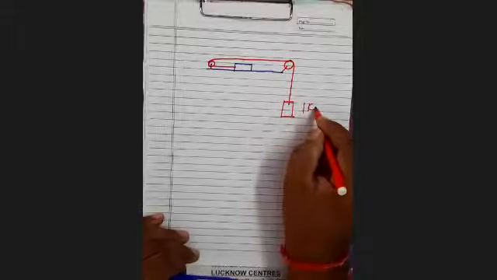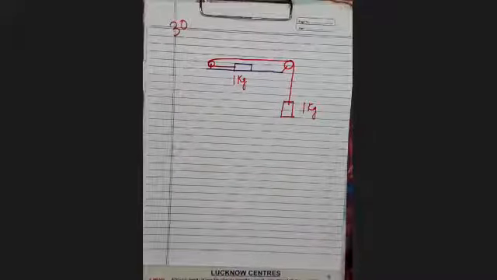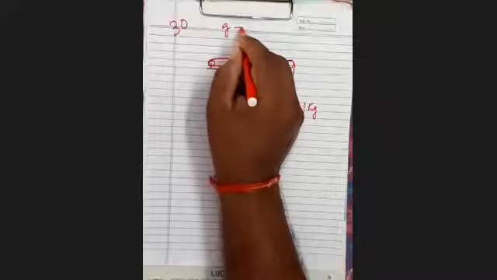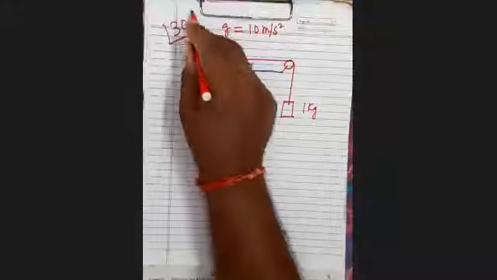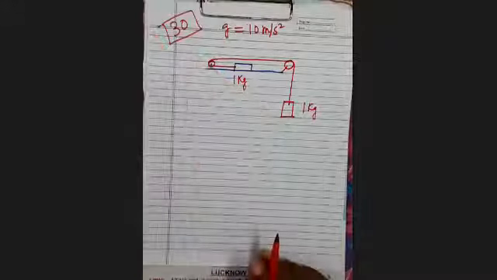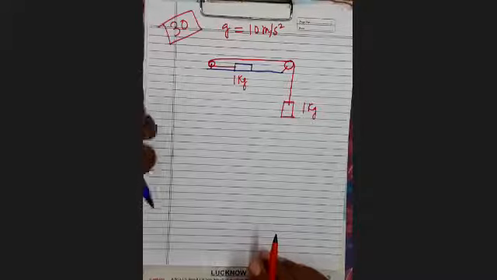Here this is 1 kg mass, and this is also 1 kg mass. There is no friction anywhere. g is given 10 meter per second square. You have to find tension in the string. It's clear. Calculate tension in the string.